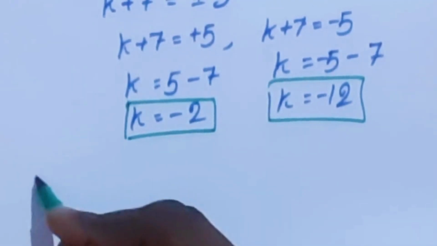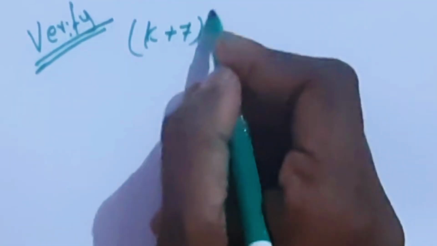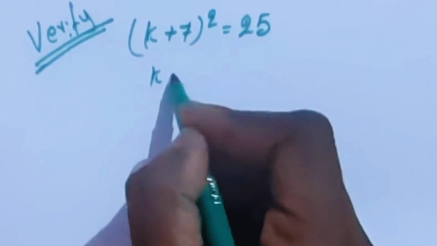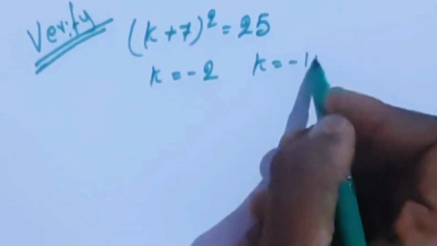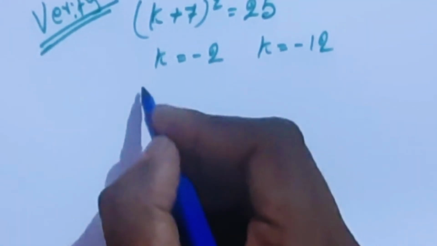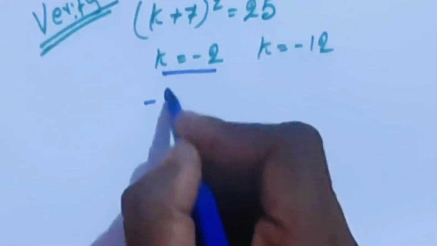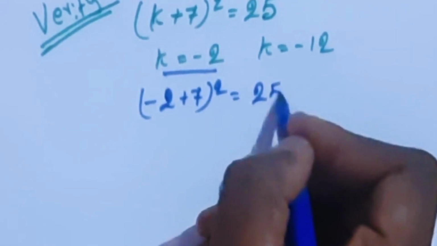Now we are going to verify this. The equation is (k plus 7) whole square equal to 25. Here k equal to minus 2, k equal to minus 12. Applying k equal to minus 2 first, so (minus 2 plus 7) whole square equal to 25.